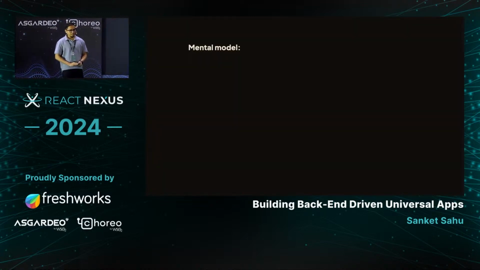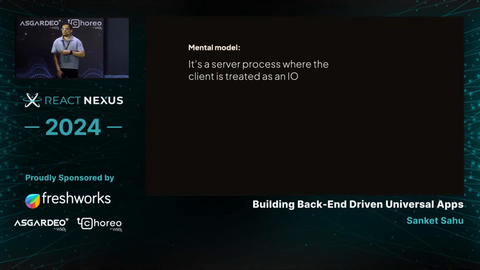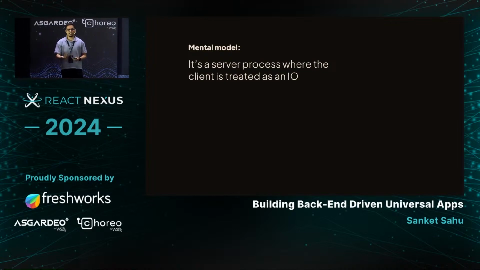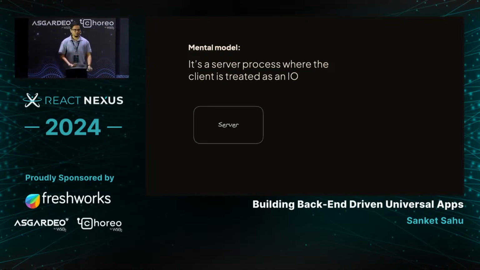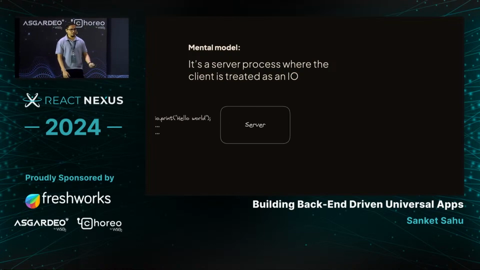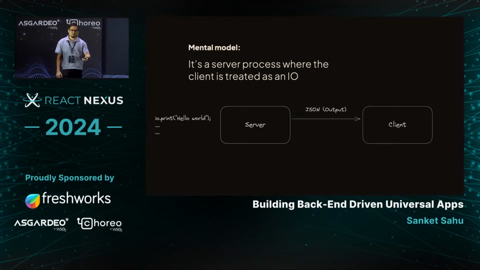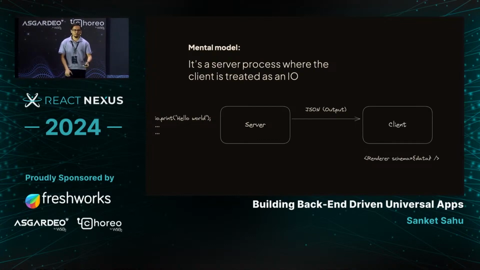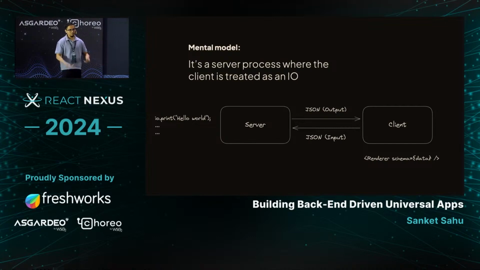Great. The mental model here is it's a server process, and all the clients that connect with the server are treated as an I/O. So we have the server, we have io.print from the server that takes the JSON output and shows to the client, and the client uses a renderer component with the same data that is received from the server, and it renders it on the screen.